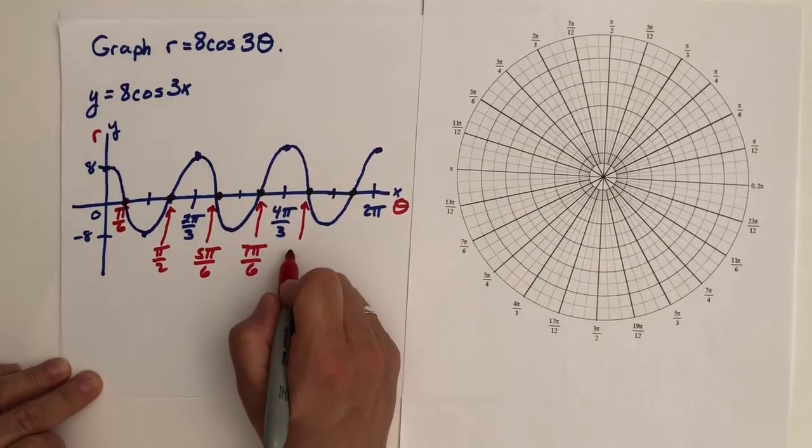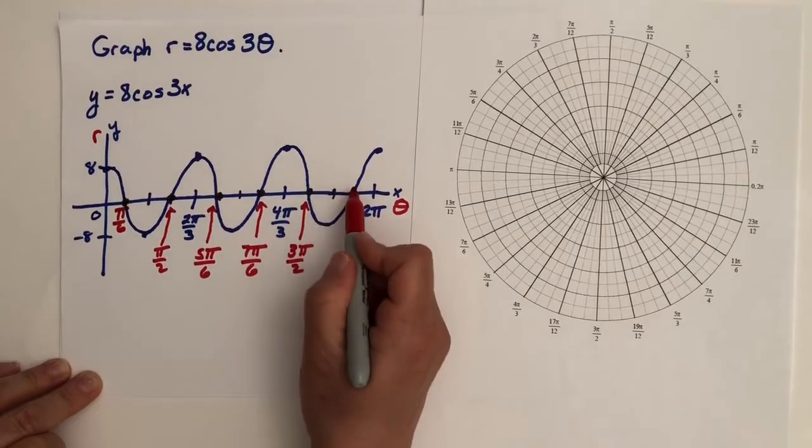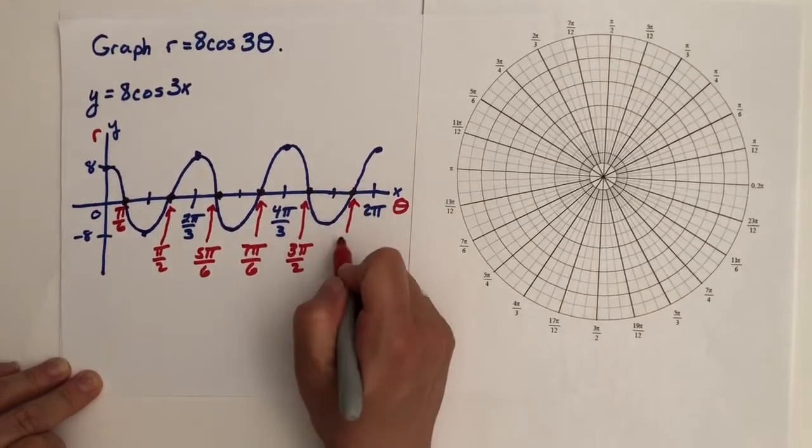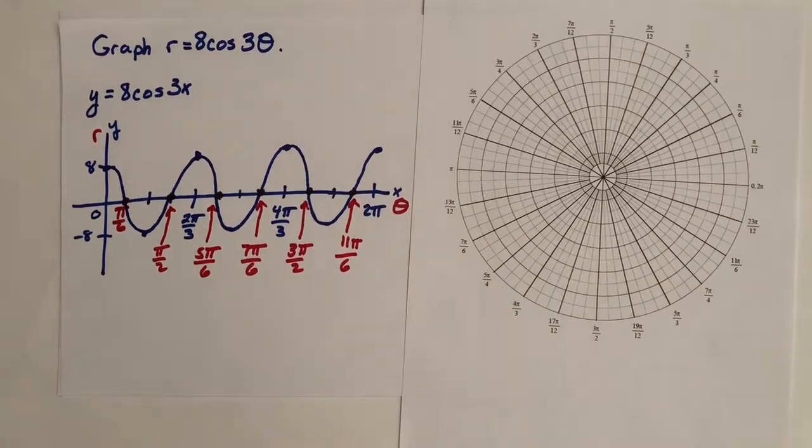And we know 9 pi over 6 is 3 pi over 2. 10 pi over 6. 11 pi over 6. And of course 12 pi over 6, which is 2 pi.